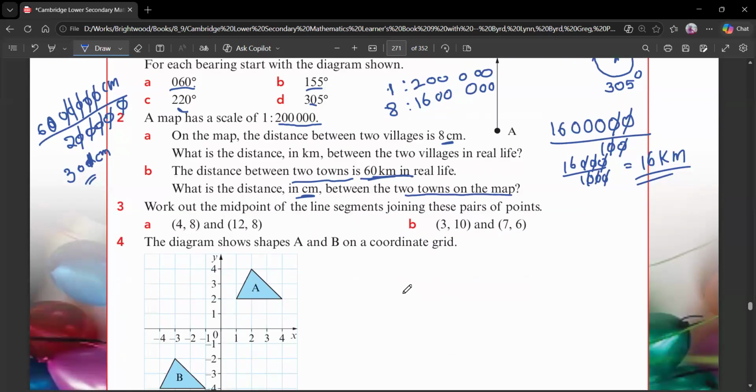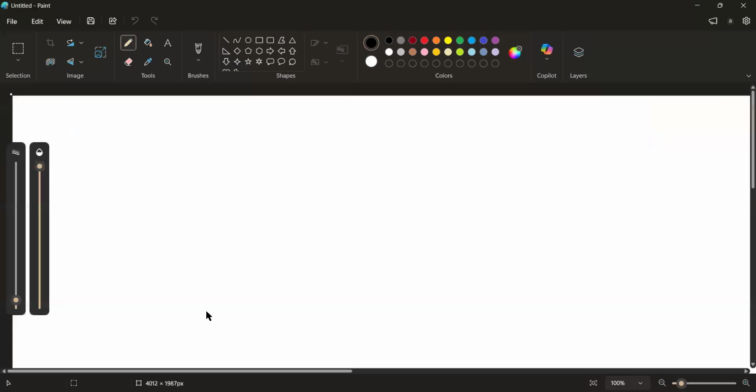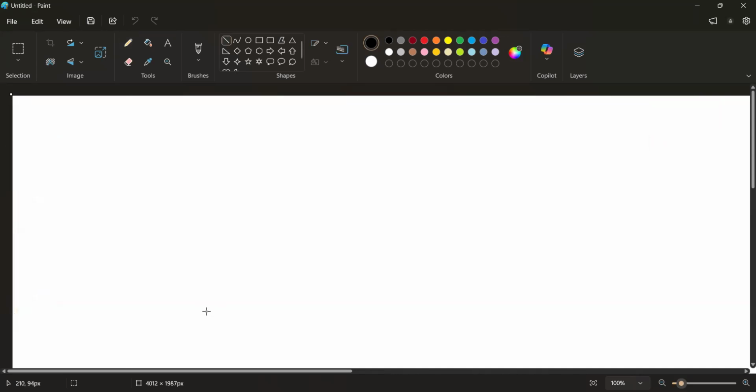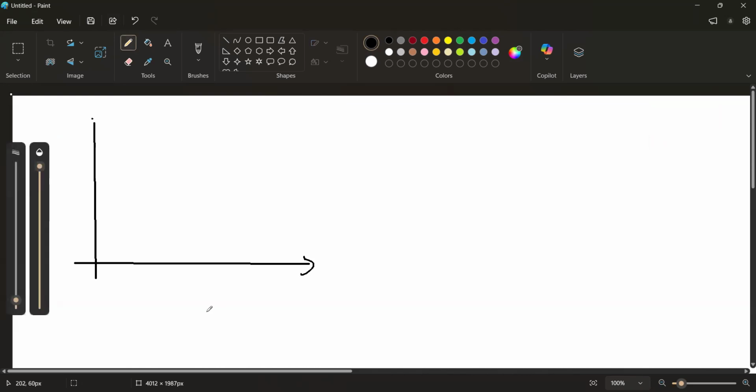Midpoint. Do you know how to find the midpoint here? The points are 4, 8 and 12, 8. If you draw this, roughly I will draw the XY axis.